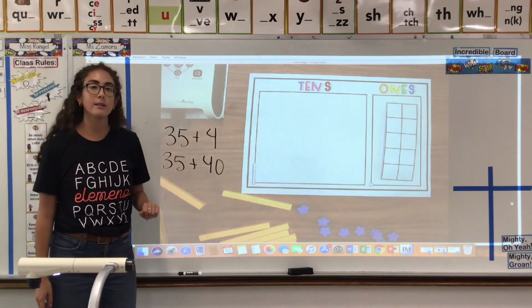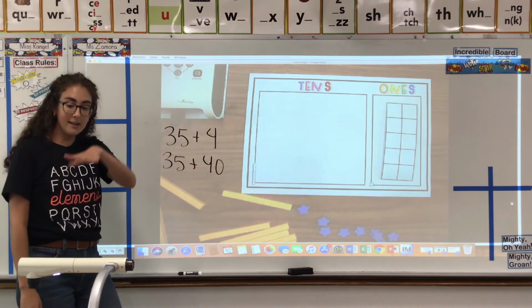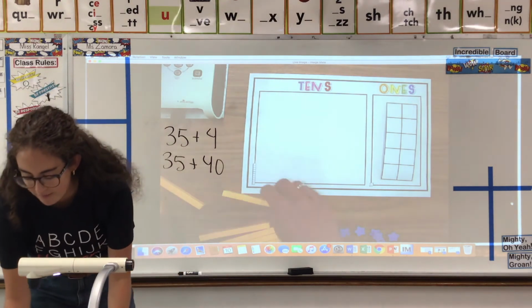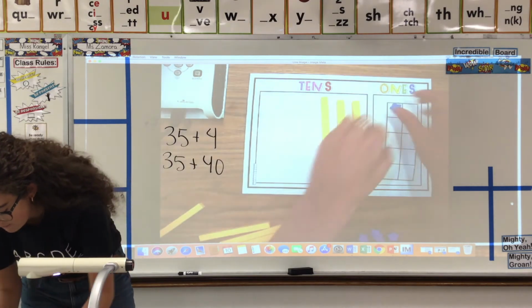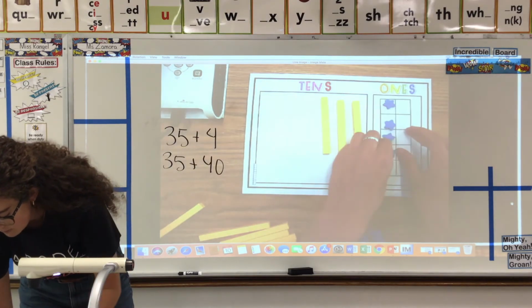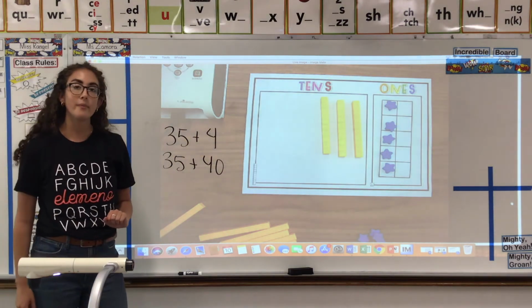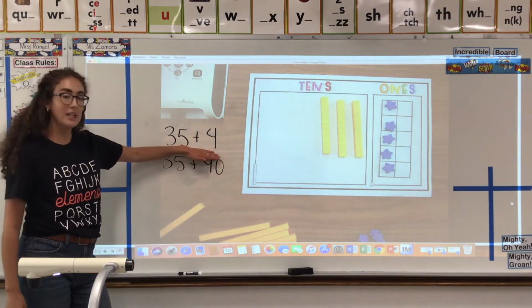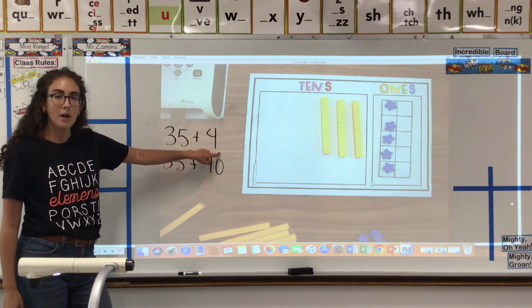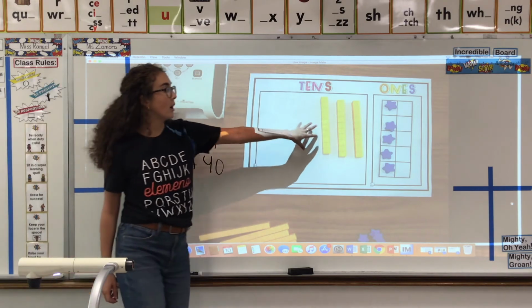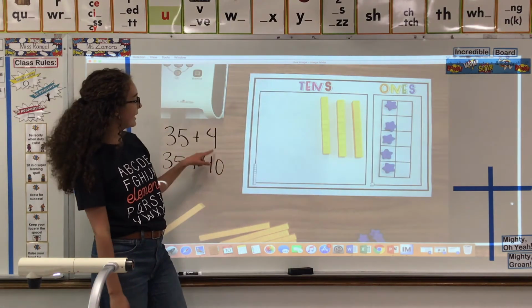35 plus 4. Can we show 35 on our place value chart? Here we go. Let's show 35. In this equation, it's asking us to add 4.